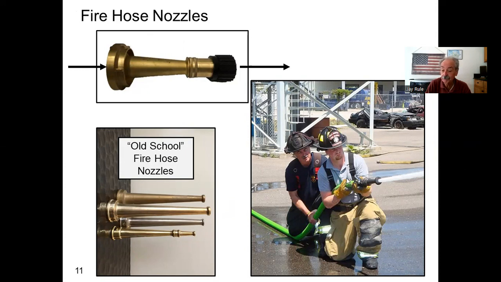That nozzle is pushing back on these two firefighters. Okay, you're going to be able to compute that in your next fluid mechanics class. And then here's some pictures of old school fire hoses that were very long brass nozzles. They were beautiful, but you really don't see these used much anymore. More compact fire hose nozzles nowadays.